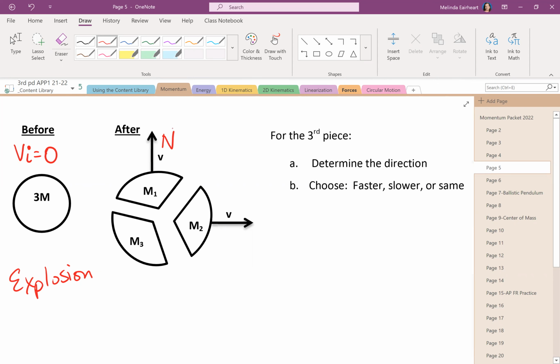It's got its own right or east. And so M3, for the whole momentum to balance 0, what does M3 need to cancel north? It needs a south. And what does it need to cancel east? West.